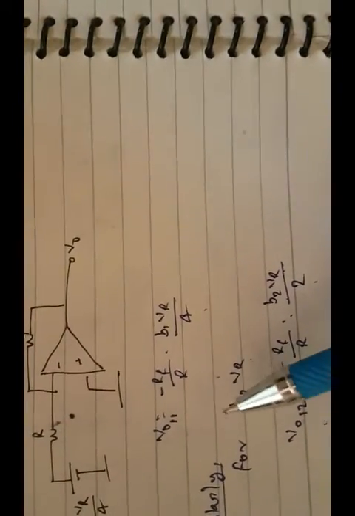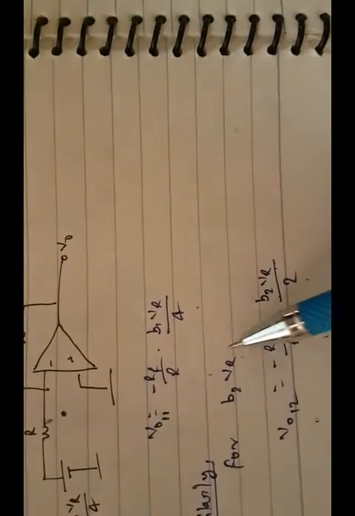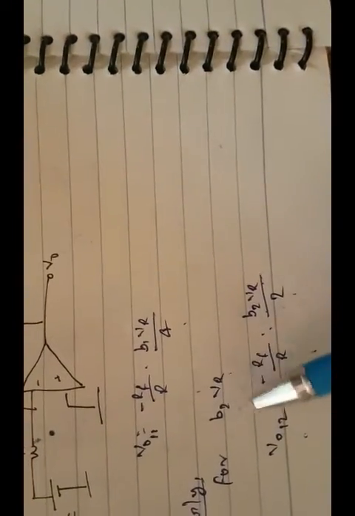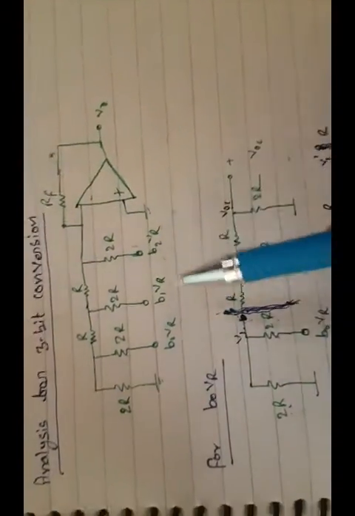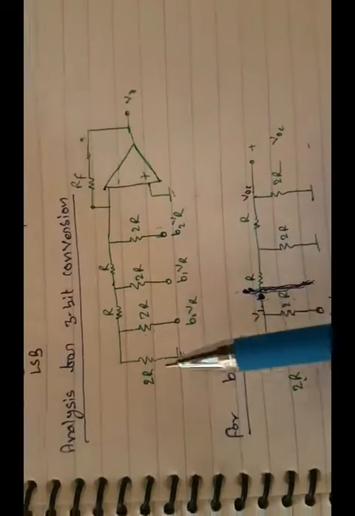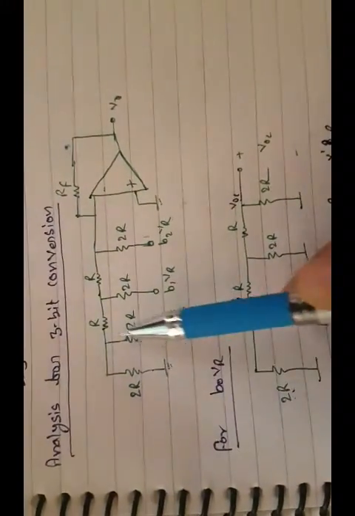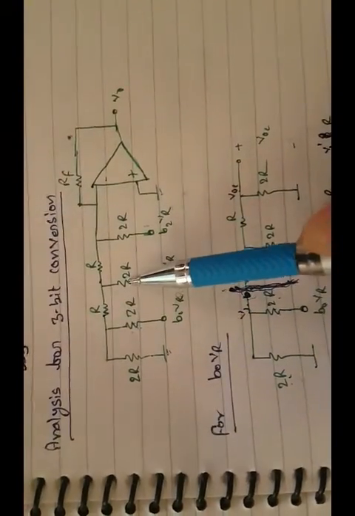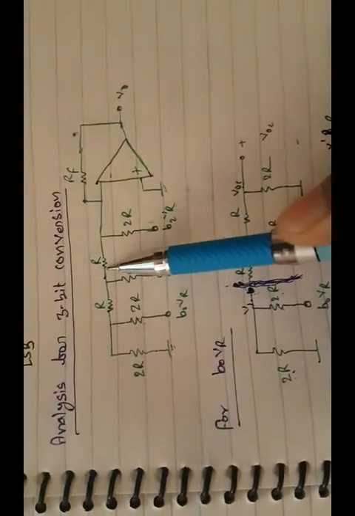Similarly, if we find out for B2 VR, we get the output minus RF by R into B2 VR by 2. Again, if we use B2 VR, only this voltage source will be active and the remaining sources will be deactivated. So 2R is R plus R, again 2R in parallel, so R and 2R.